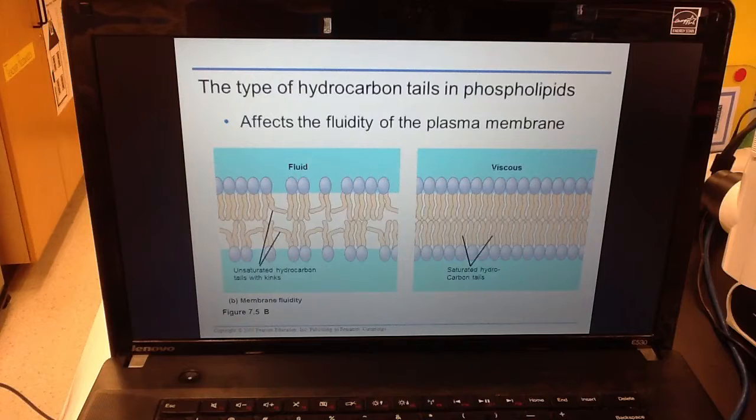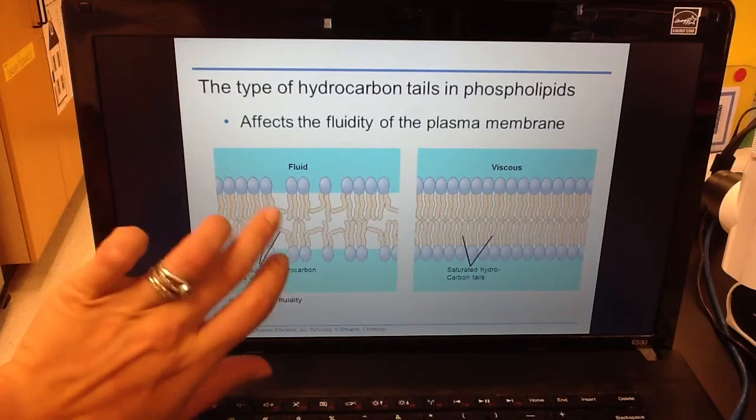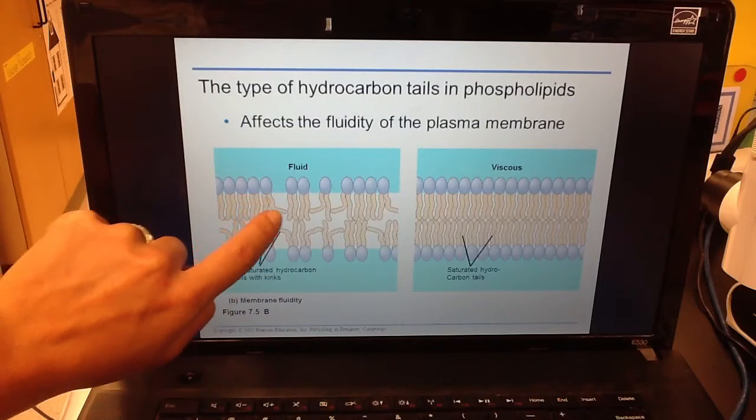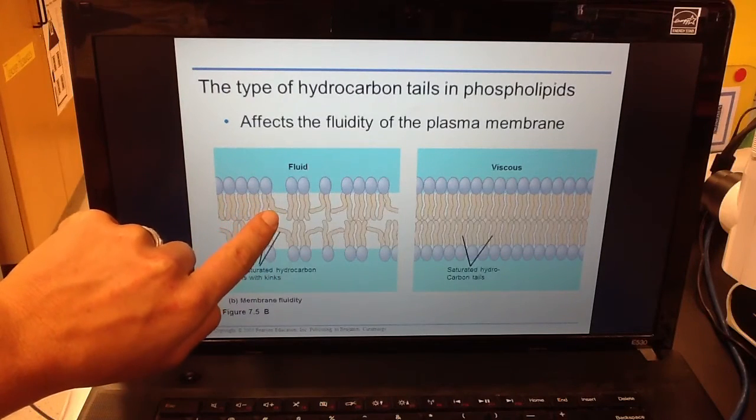There are two different types of hydrocarbon tails that are found on the phospholipids. This should be a review from Chapter 3, but what they do is they determine how fluid the plasma membrane is. If you see here where we have lots of unsaturated hydrocarbons, those unsaturated hydrocarbons kink because of the double bond between two carbons.